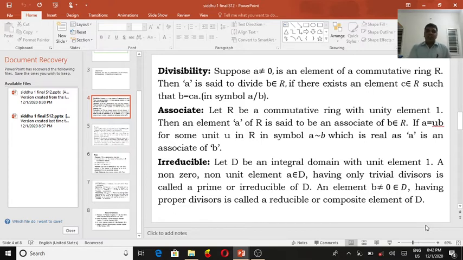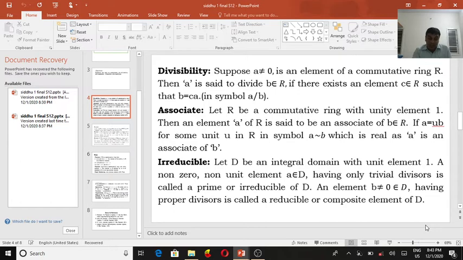Irreducible means: let D be an integral domain with a unit element 1. A non-zero, non-unit element A in D having only trivial divisors is called a prime or irreducible of D. Suppose we take 15. 15 can be 3 into 5, where 3 not equal to 0 and 5 not equal to 0. 3 divides 15 and 5 divides 15.